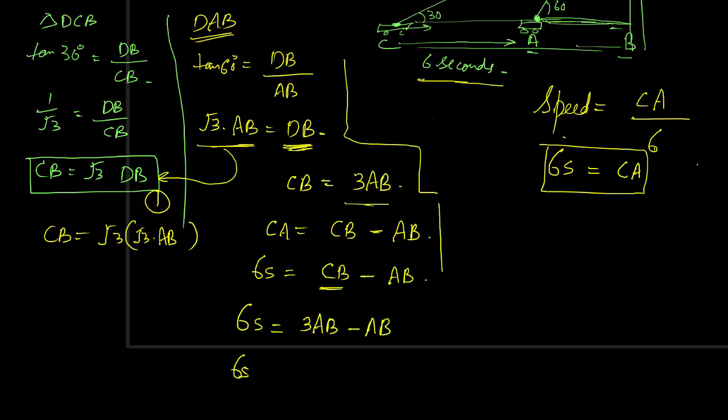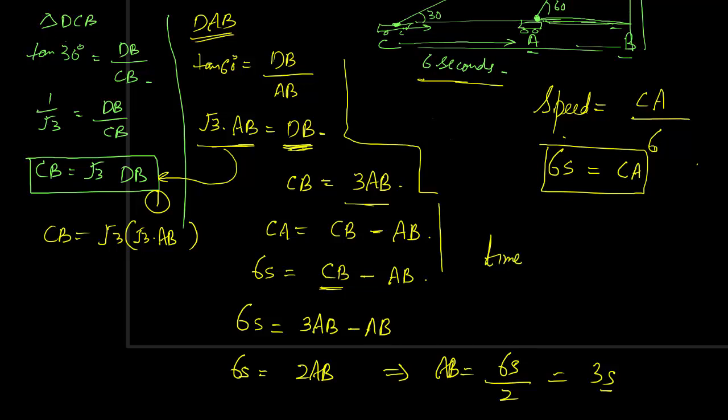So 6S is equal to 2AB. So AB is equal to 6S divided by 2, that is 3S, right? So 3S is the distance AB, but we have to calculate the time taken.